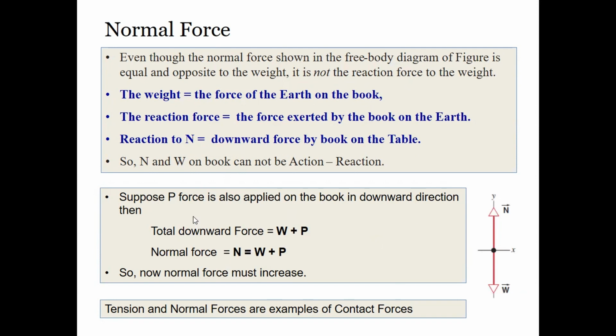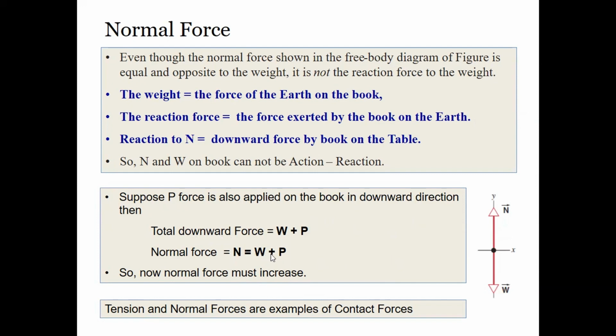So what I can say is that if there is an applied force on the book in the downward direction, then the total downward force will be the weight of the book plus the force which is further being exerted. And so the normal force will become more. It will be more than the weight of the body.